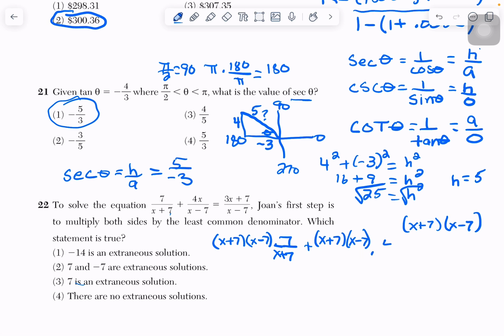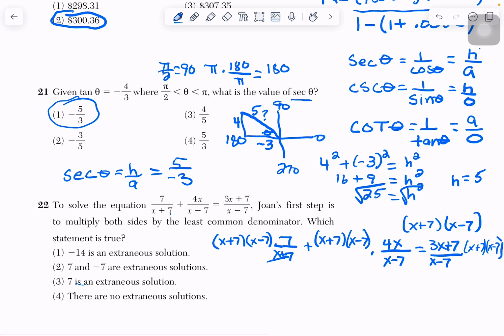Times 4x over x minus 7 is equal to 3x plus 7 over x minus 7 times x plus 7, x minus 7. I squeezed it in there.